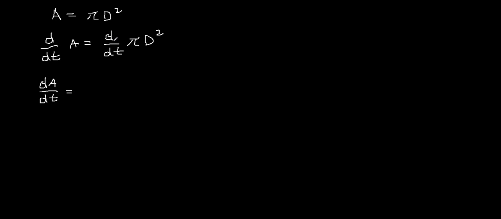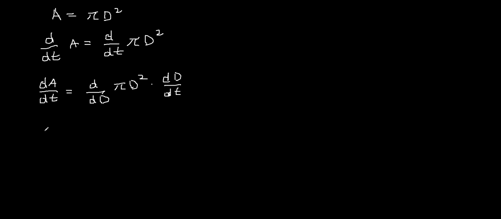On your other side, you can't really take the derivative with respect to time of something that doesn't have a t in it. So let's change that to the derivative with respect to d, diameter, of whatever your function is, times dd over dt. That's kind of confusing. Yes, the change in diameter, or derivative of the diameter with respect to time. You see how these would potentially cancel and you would still have your original function.